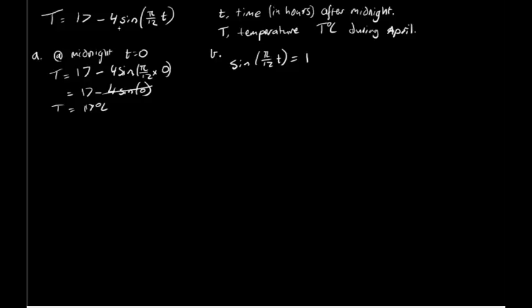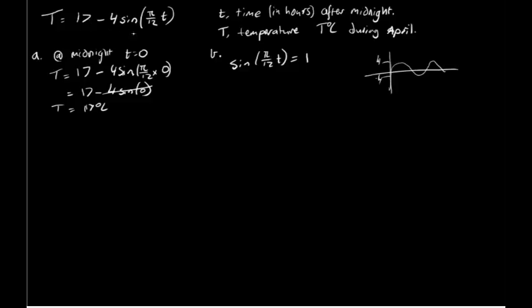We've got an amplitude of 4, so graphically, instead of oscillating between -1 and 1, it's going to oscillate between -4 and +4. We've got a phase shift of 17, which pushes our equilibrium point up 17 units.